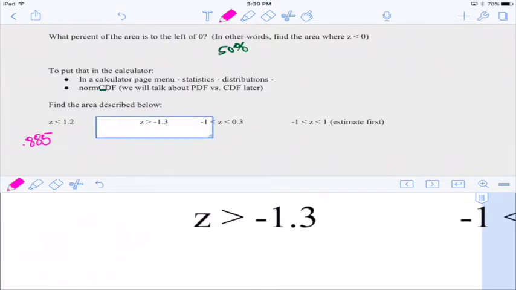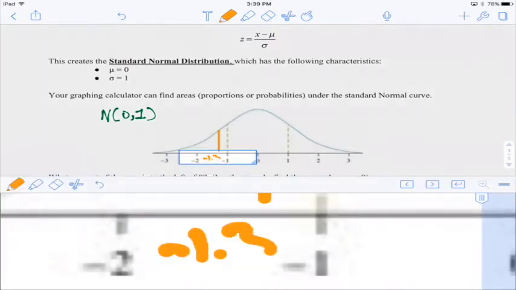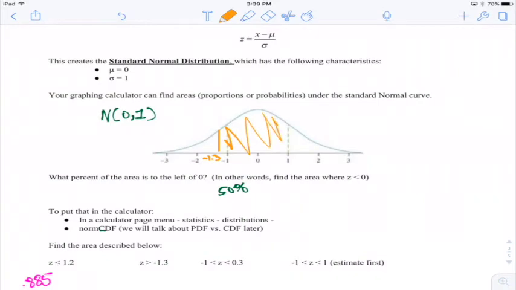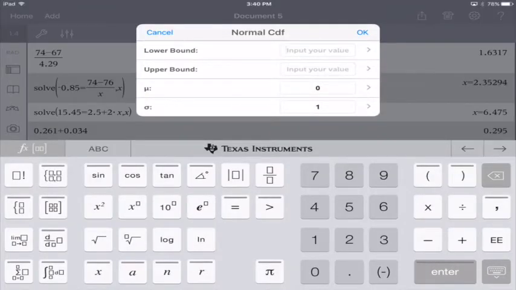Why make it harder? Now I want to know z above negative 1.3. So there's negative 1.3 approximately. And I want to know above. So this area, that's above. So I'm going from negative 1.3 to infinity. Now again, you have to find the infinity.